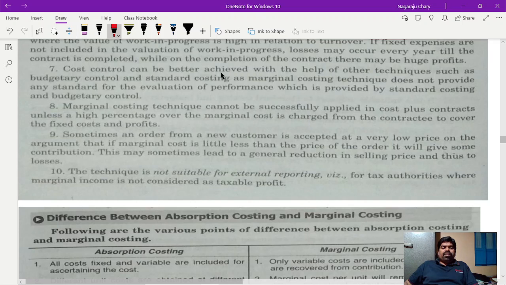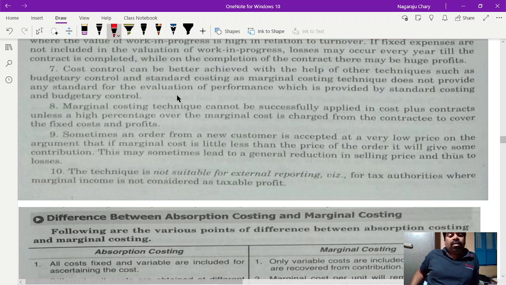Cost control can be better achieved with the help of other techniques such as budgetary control and standard costing. The marginal costing technique does not provide any standard for the evaluation of performance, which is provided by standard costing and budgetary control. In standard costing, we are fixing standards for the products, whereas in marginal costing, we are not fixing any standards.